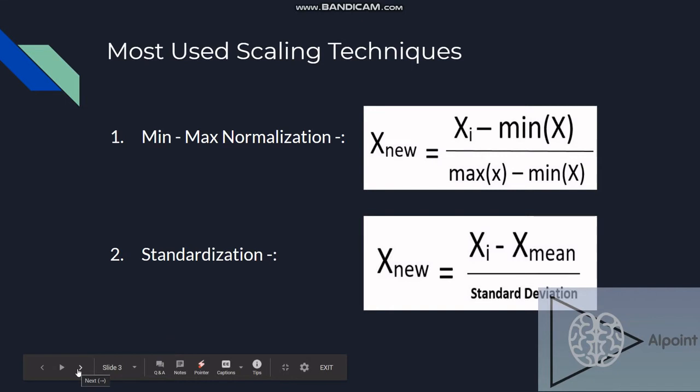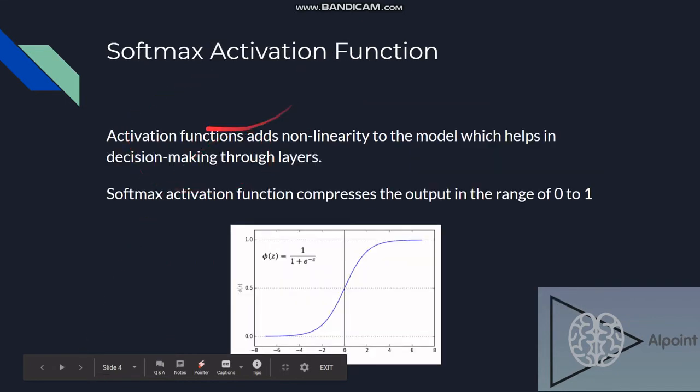After scaling, we are going to learn about the activation function. In our feed forward network, we will see that after every layer we are going to use an activation function, whether it be softmax or sigmoid. This is the sigmoid activation function, and this is not a softmax activation function. The activation function adds non-linearity to the model, which helps in decision making through layers.